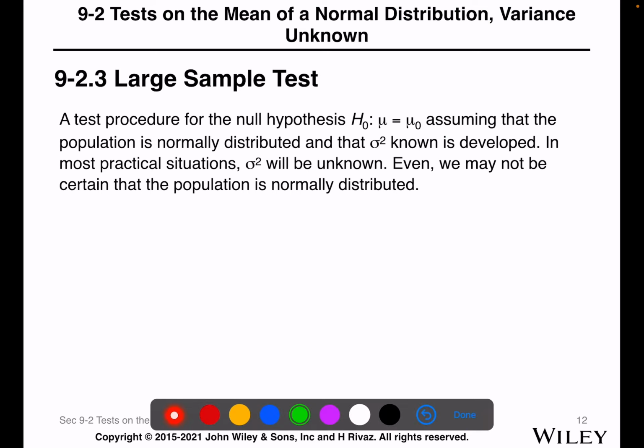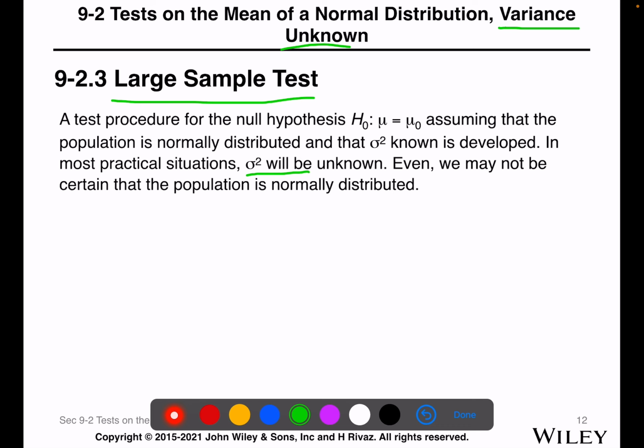So when we don't know the variance, but we have a large sample size, let's read out. A test procedure for the null hypothesis, assuming that the population is normally distributed and that sigma squared is known, is developed. In most practical situations, sigma squared will be unknown.